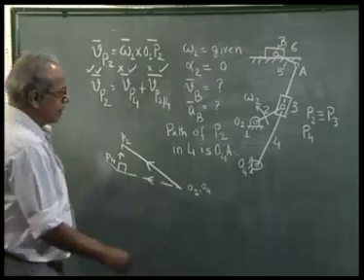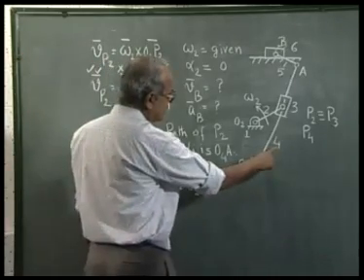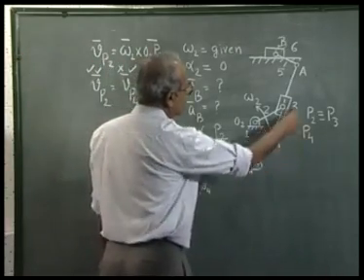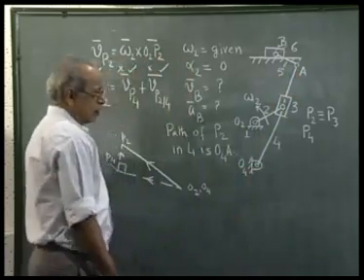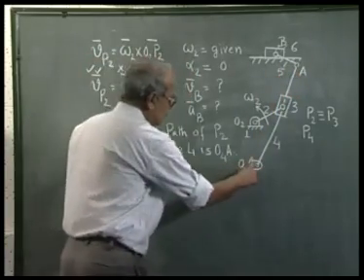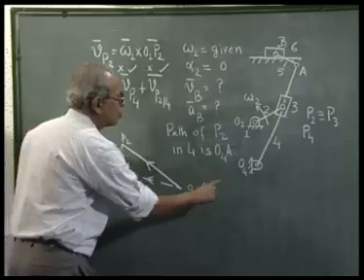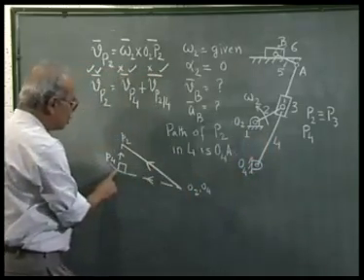Now, we notice that there are 3 points on this link 4, O4, P4 and A. For O4, I have this o4. For P4, I have this small p4.